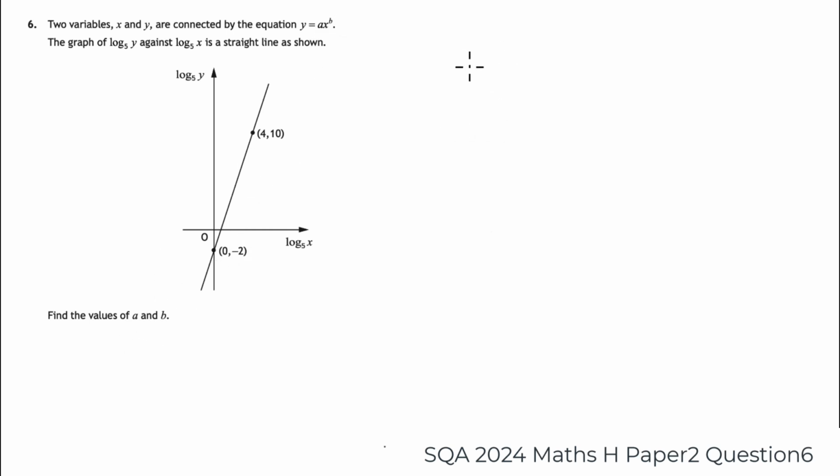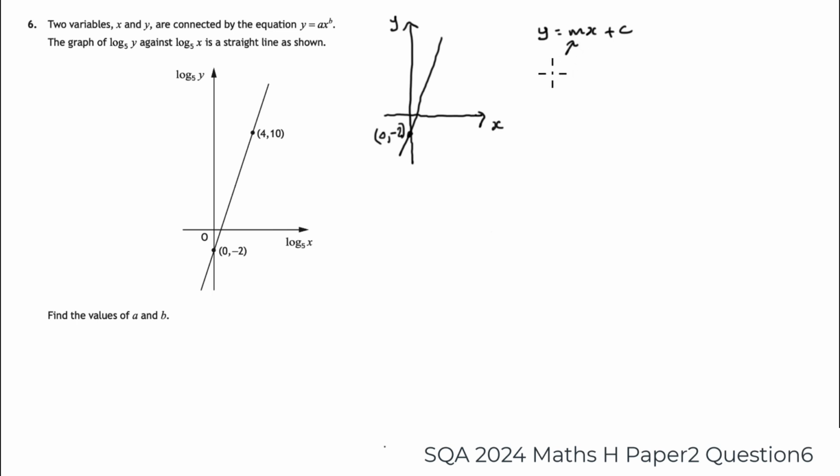So there's several methods of doing this. What I'm going to do is pretend, until I don't have to, that we've just got normal x and y axes, and that this line I can now find the equation of it using y equals mx plus c.